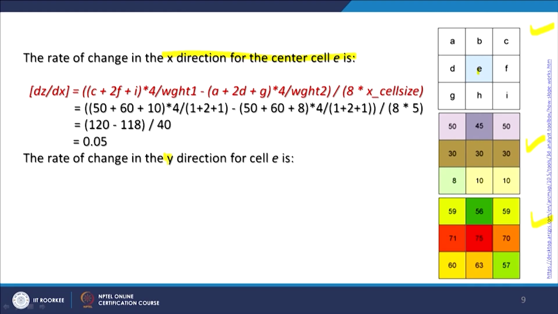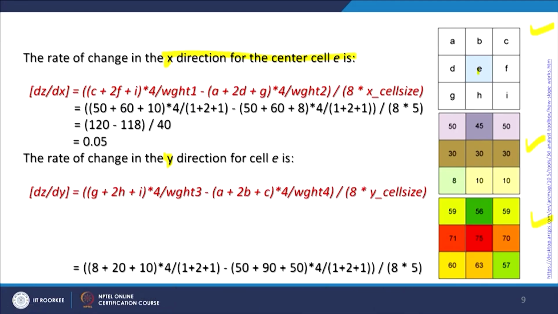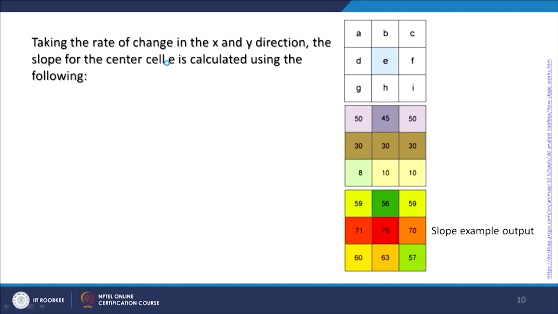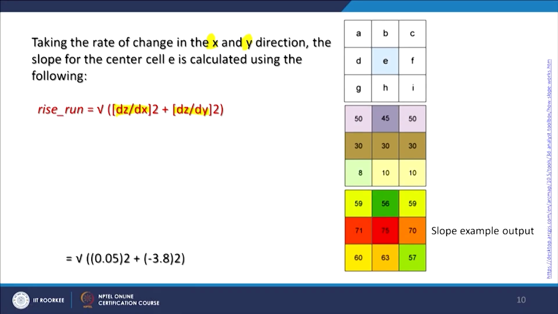Now, that was for the x direction; for the y direction similar calculations will be done, and if I substitute these values, I get minus 3.8. Taking x and y directions together, the slope of the center cell is calculated using the following formula, same concept, rise upon run.